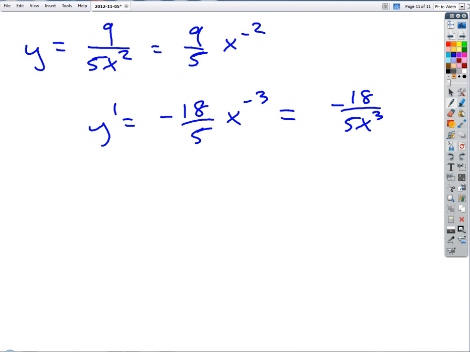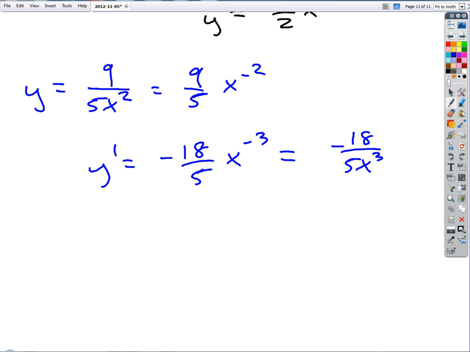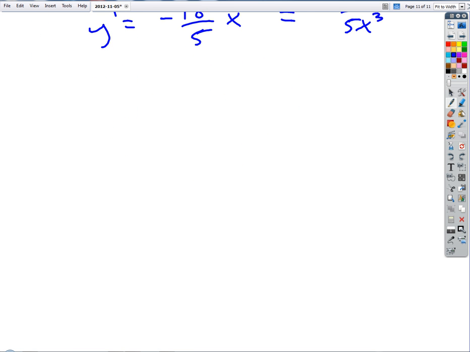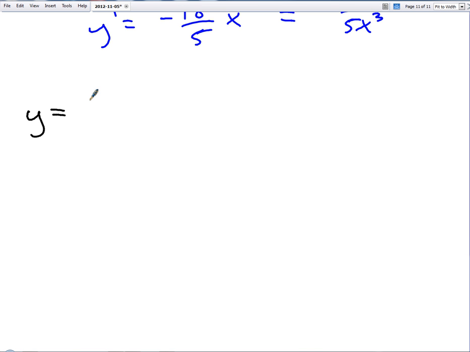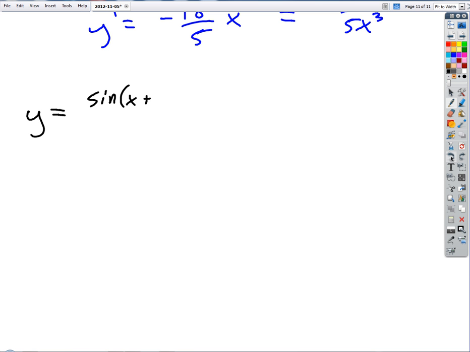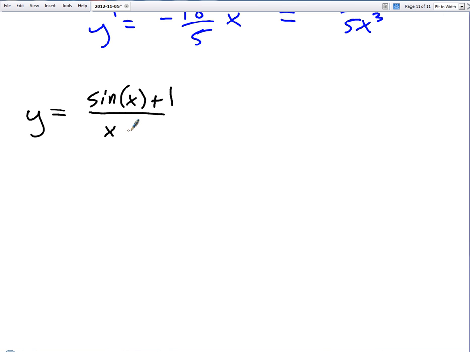How about quotient rule or no quotient rule?